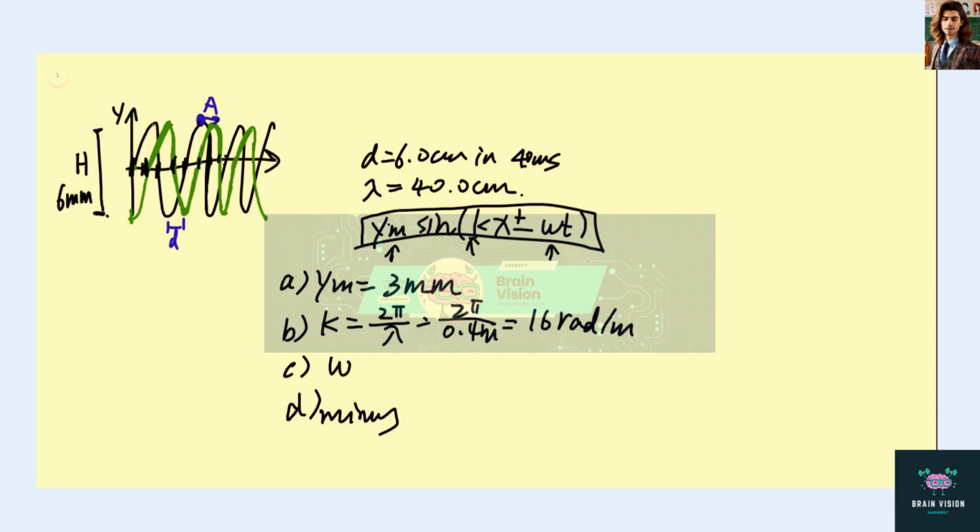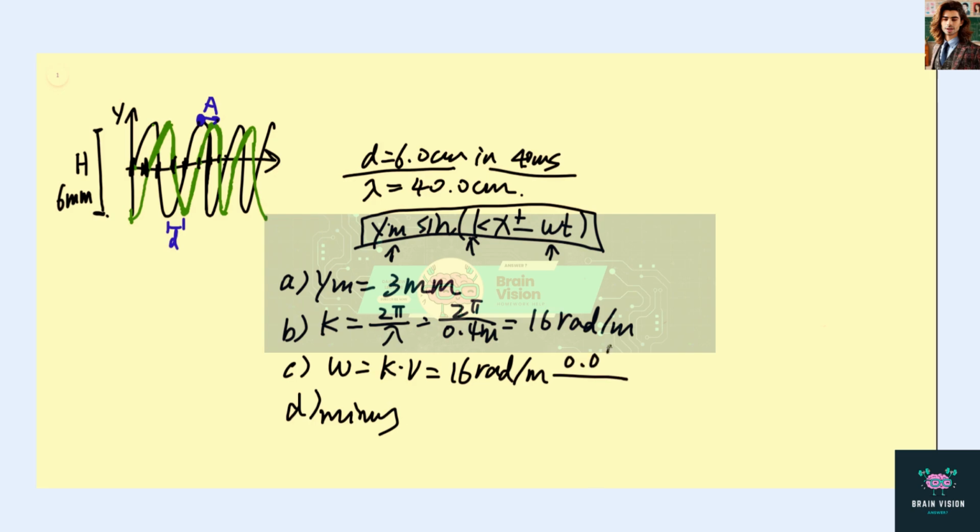And then let's look at part C. Part C says omega. What is omega? There are a couple equations for figuring out what omega is. I find the easiest one to use is k times v. K we already have.